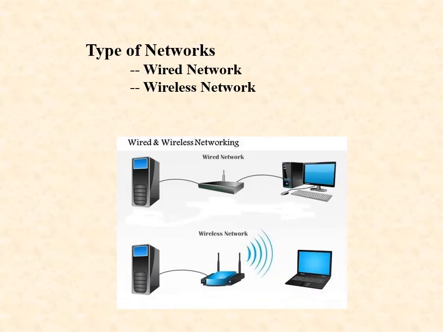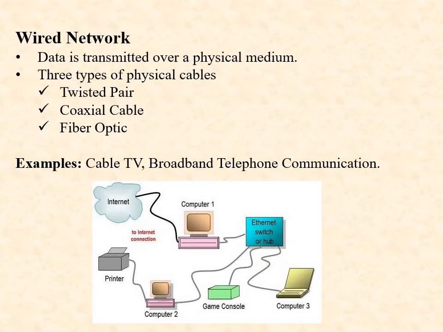The communication medium refers to the physical channel through which data is sent and received. Data is sent in the form of voltage levels which make up the digital signal. A digital signal consists of zeros and ones. There are basically 2 types of networks, wired network and wireless network. Wired networks.